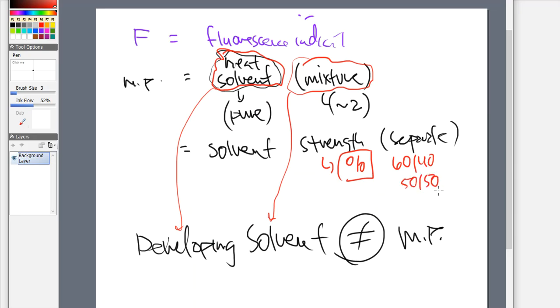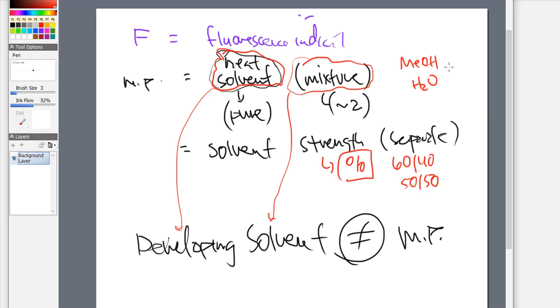So if I do something like methanol and water, okay, there is a mix that I am making. It's going to require methanol, it's going to require water to be mixed together in a certain ratio. Okay, not a big deal. What is the ratio? Okay, well, that ratio is going to be a percentage. That percentage is going to change the strength of that solvent system. And it's going to be able to do different things for me.